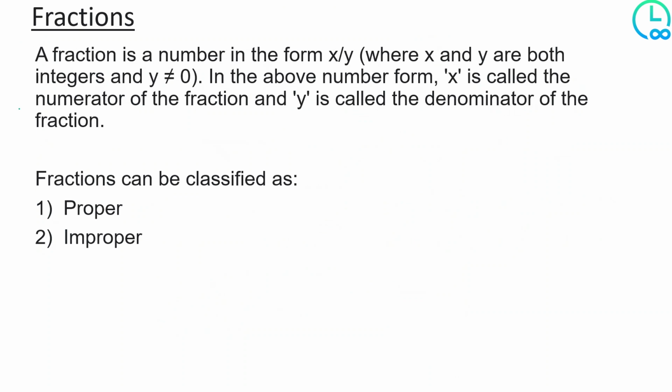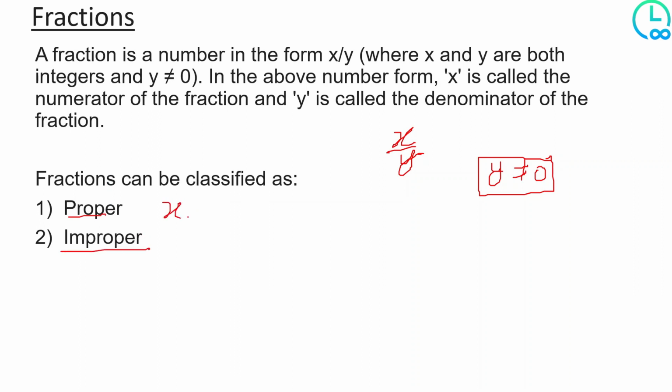Fraction. A fraction is a number that is written in the x upon y form. When a number is written in this form, this is a fraction in which y cannot be 0. These are further classified into two types, proper fraction and improper fraction.